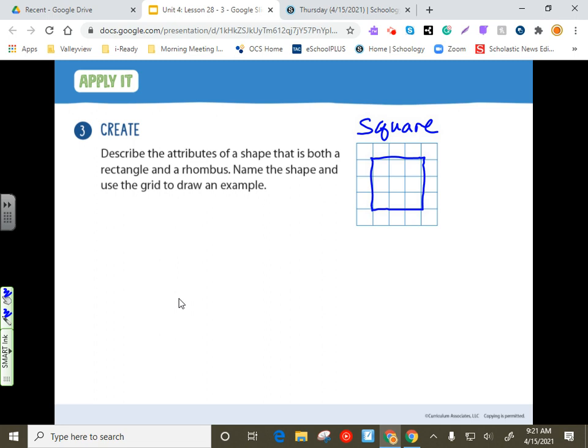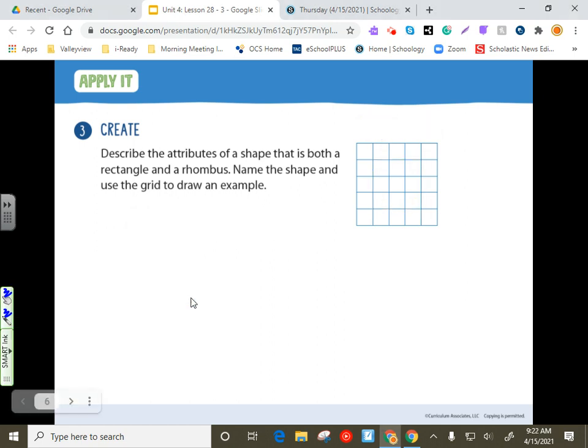A rectangle has 4 right angles, which this does, and a rhombus has 4 equal sides and 2 pairs of parallel sides, which is also a square. So a square can be a rhombus, in fact. So it's interesting that a square can be both a rhombus and a rectangle.